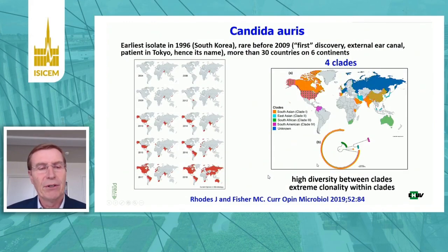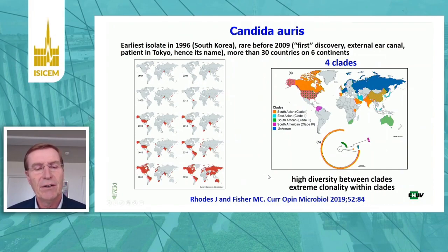When did it emerge? The first isolate probably was cultivated in 1996 in South Korea, but the first report or first discovery was in 2009. It came from the external ear canal of a patient in Tokyo, Japan, hence its name. And now it's present in more than 30 countries on 6 continents.